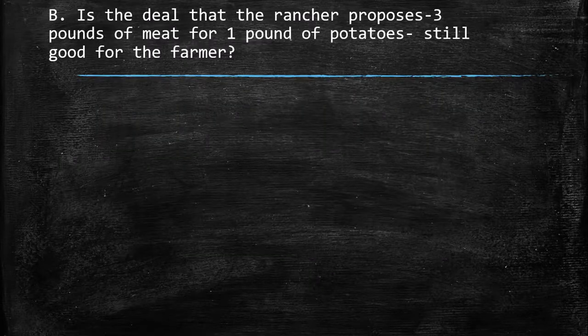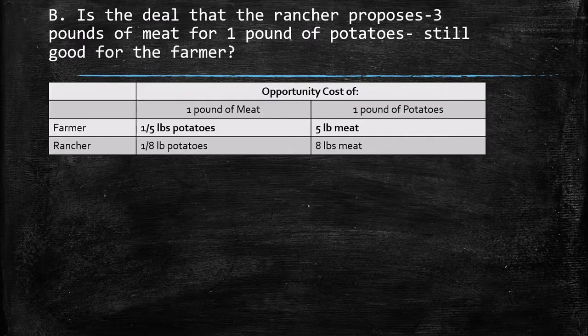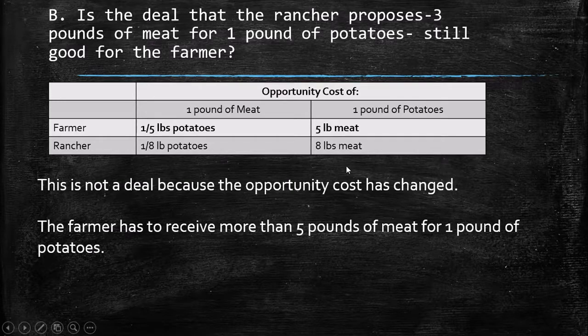So is the deal that the rancher proposes, 3 pounds of meat for 1 pound of potatoes, still good for the farmer? Well, with this rate of exchange, 3 pounds for potatoes, this is not a deal, because the opportunity cost has changed.